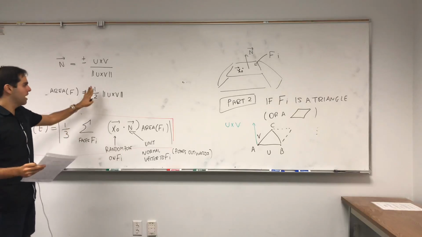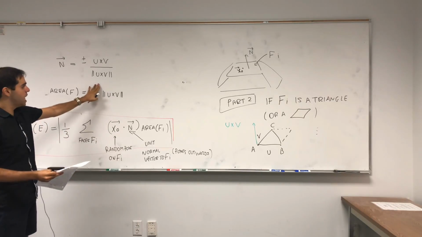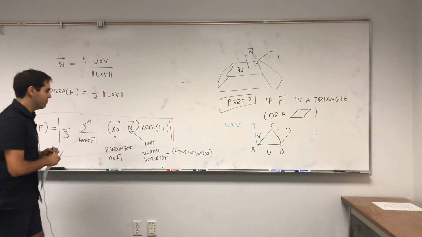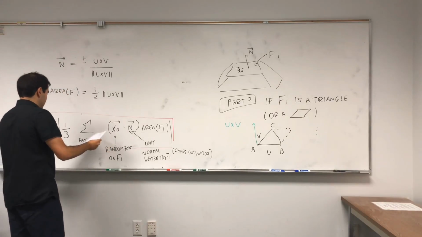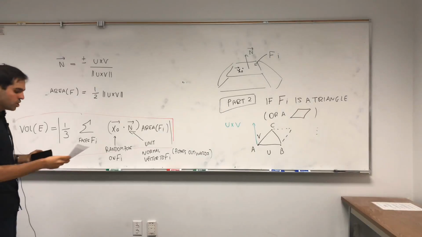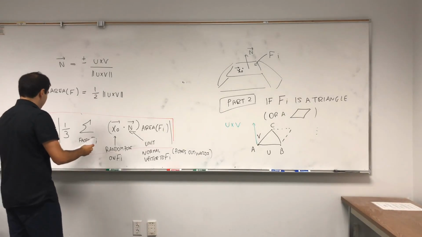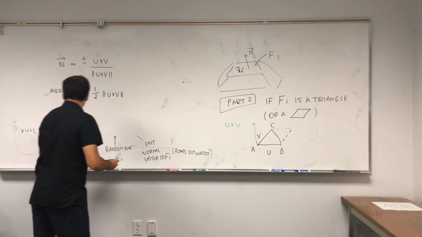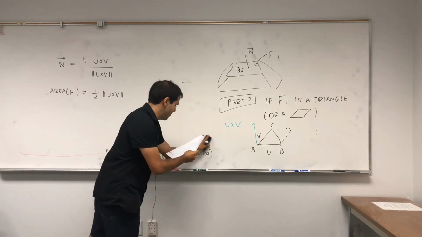And for the parallelogram, it's the same, except without the 1/2. Good. So now, what happens to this formula? It becomes much, much easier. So let's actually apply this now.